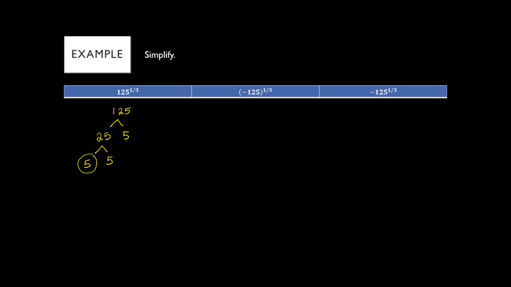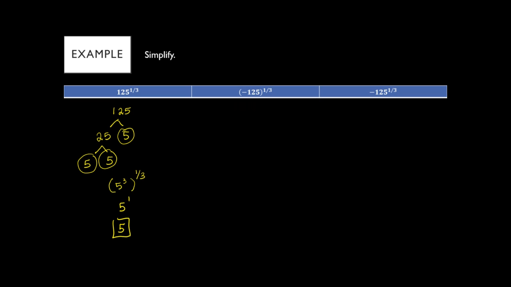So 125 would be 5 cubed because I have three 5s here. So I could write the 125 as 5 cubed, and then have the 1/3 power out there. And then you can use your rules of exponents, where if you have an exponent on another exponent, you multiply those together. 3 times 1/3 is equal to 1, and so we just get 5.